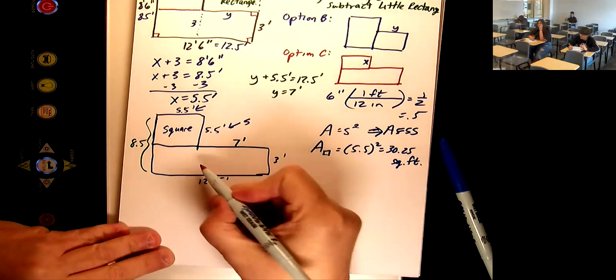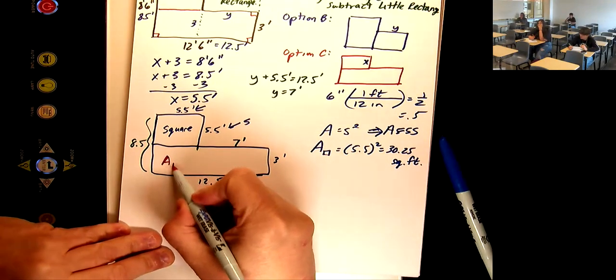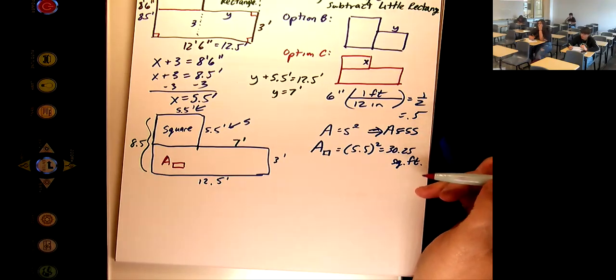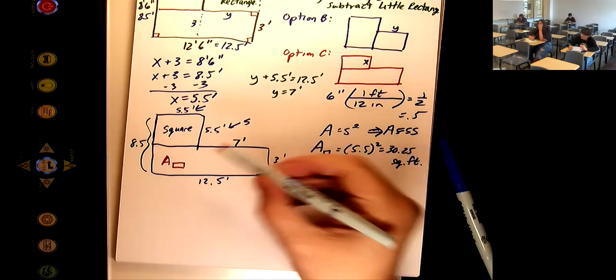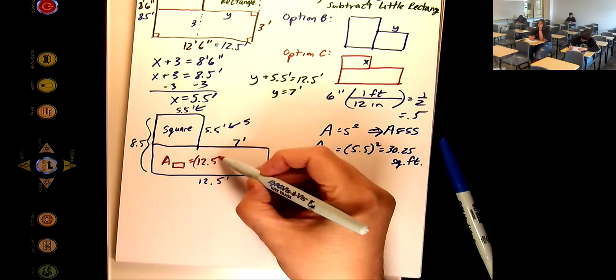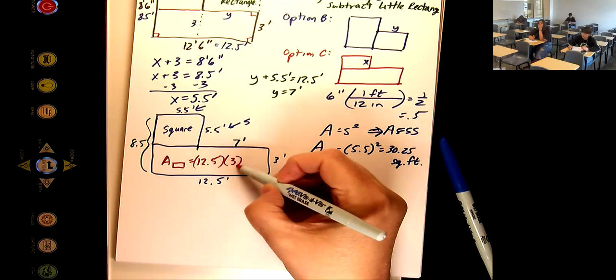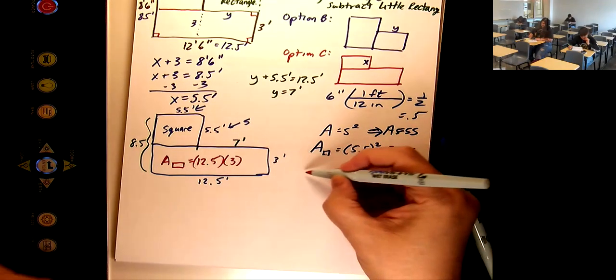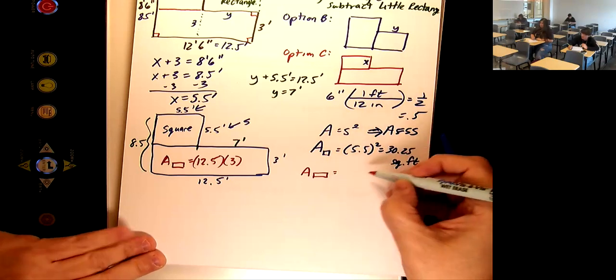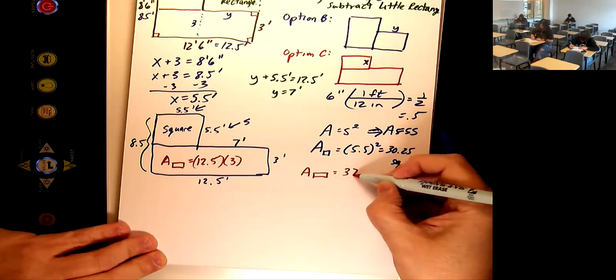The one on my bottom is my rectangle. And that's just length times width. The length is 12.5. The width is 3. So the area of the rectangle is 37.5 square feet.